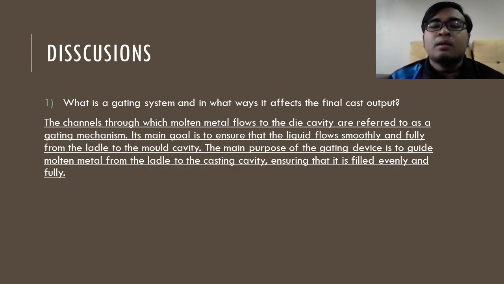Its main goal is to ensure that the liquid flows smoothly and freely from the ladle to the mold cavities. The main purpose of the gating device is to carry molten metal from the ladle to the casting cavity, ensuring that it fills evenly and fully.